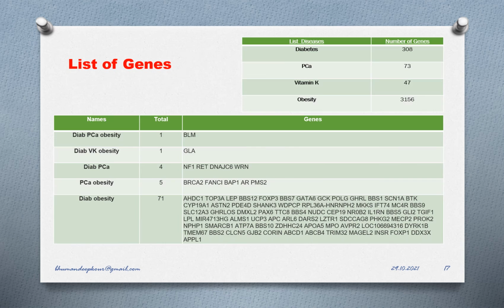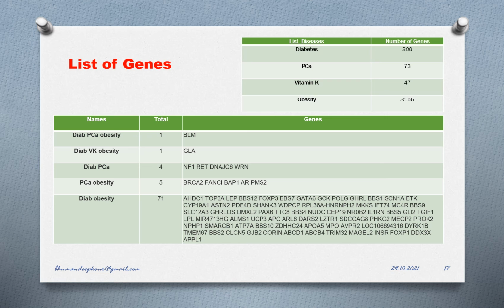Then for correlation, we sorted out all the genes that we got from the NCBI source, that was the ClinVar data, and our exome data and RNA-seq data. We collected all the genes and then tried to check if there is any commonality.